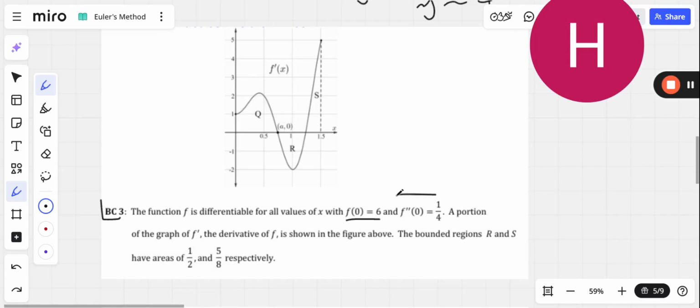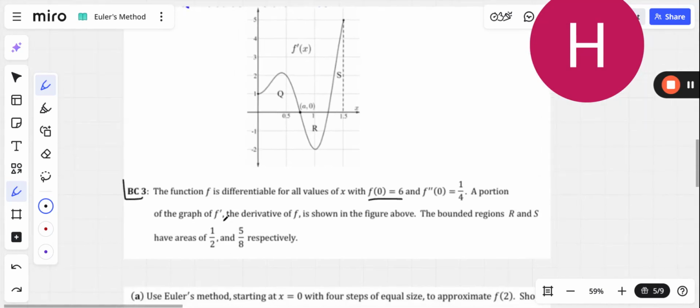So it's like going upwards very, very slowly there at 0, something like that. Now this part is only going to come into effect when we look at the further application of a MacLaurin or Taylor polynomial. So surprise incoming in just a moment. And again, we're given a portion of the graph of f prime. We're also told that the bounded regions R and S have areas of 1/2 and 5/8.